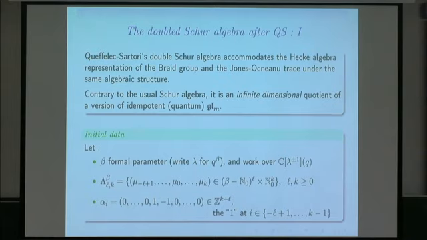That's how, in my understanding, they got the double Schur algebra. But you can look at it from a different perspective. You can see it, if you like, through idempotent quantum groups. You can see it as an infinite dimensional quotient of a certain idempotent version of GLN.